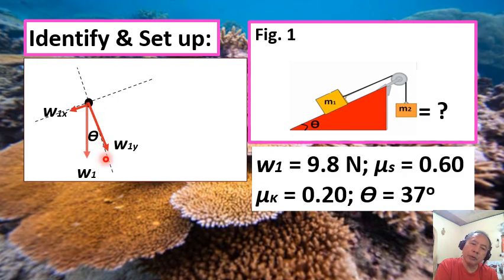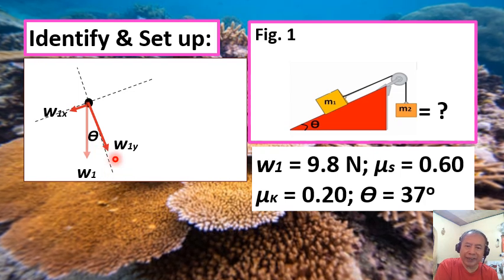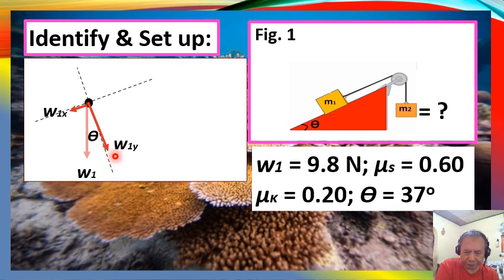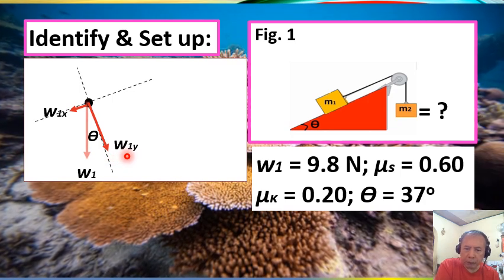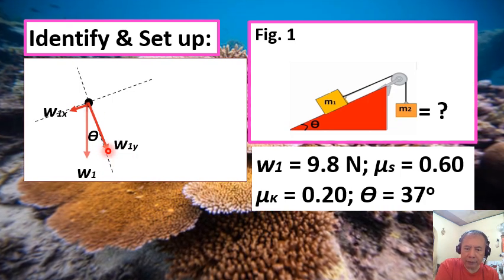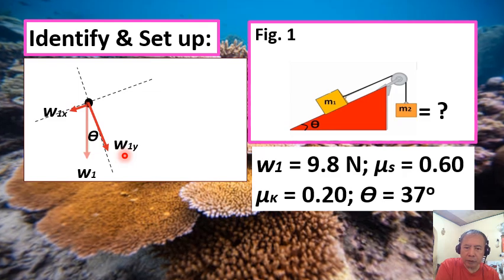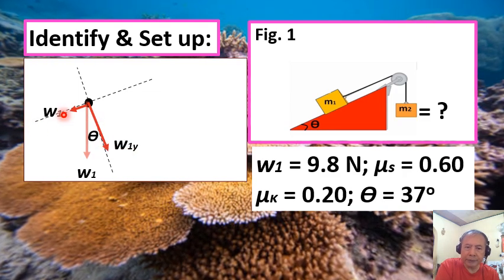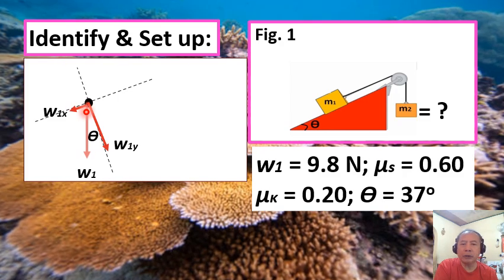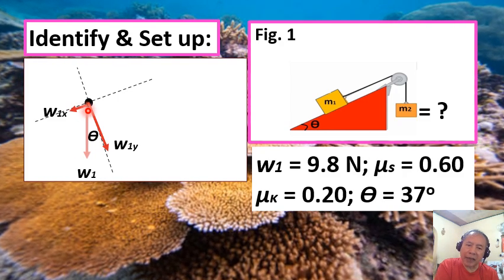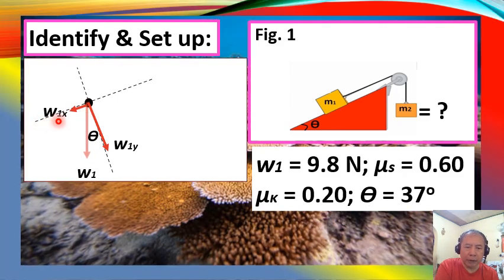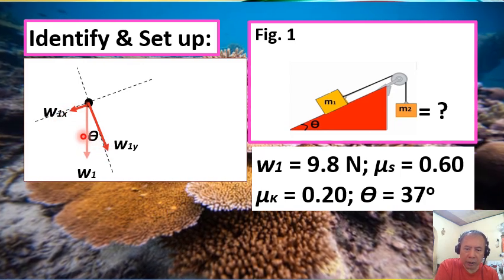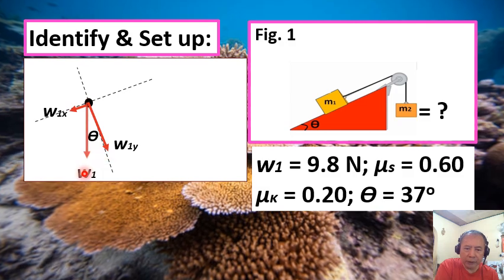The arrow directed into the negative y-axis represents the component of the weight we call W sub 1y, while the arrow directed down the incline is labeled W1x. These are the two components of W1.